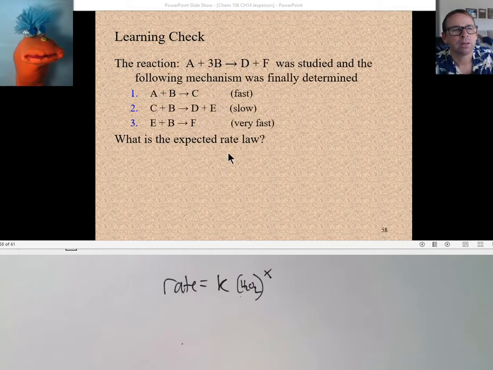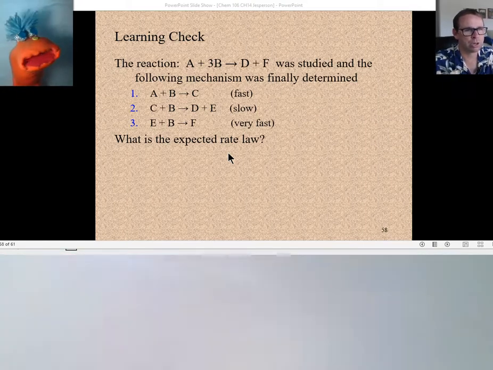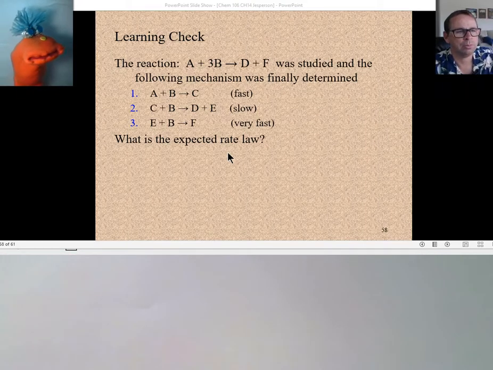All right. Here's another example we can practice that concept. So there's a reaction there. We have mechanistic steps, and we're supposed to get the rate law. Well, rate will equal the concentration of... Can I include C in there?